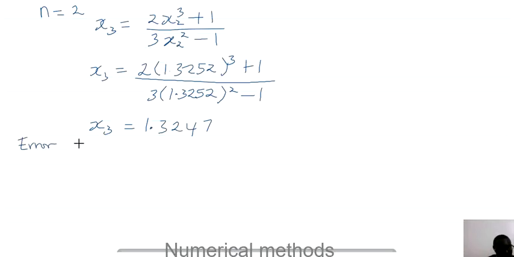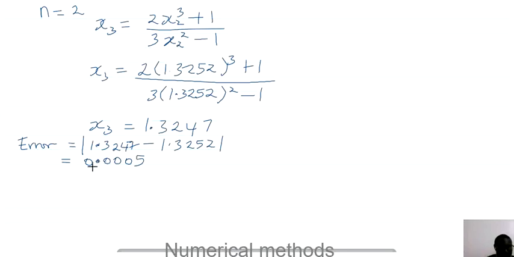Next, before we continue, we have to check on the error. So error here is going to be x3 minus x2, magnitude of course. So we have 1.3247 minus 1.3252 magnitude. This value is going to be 0.0005.